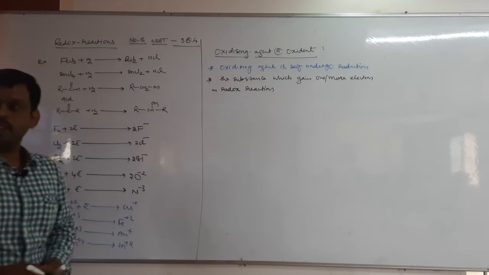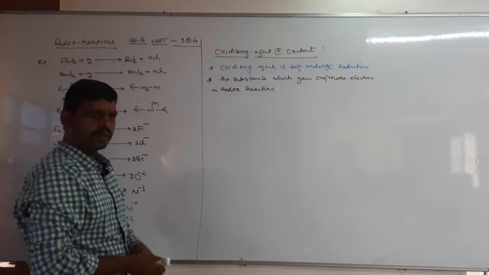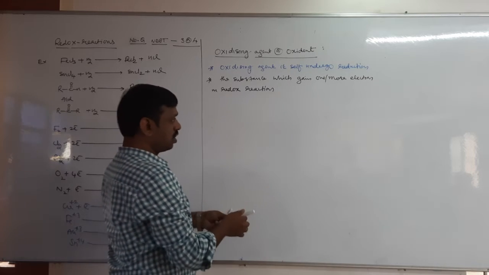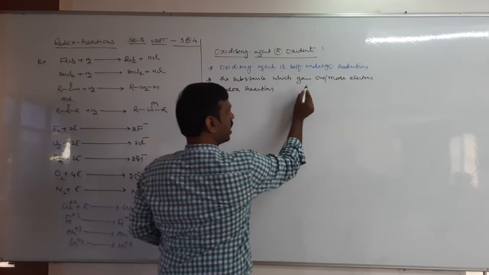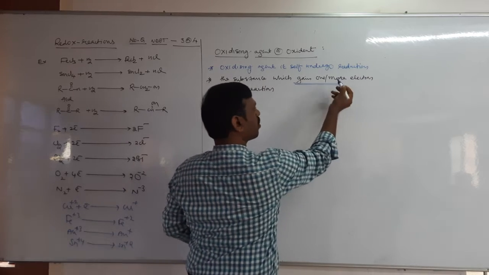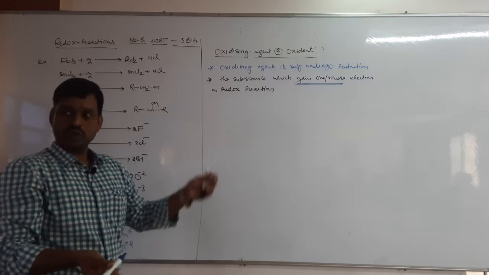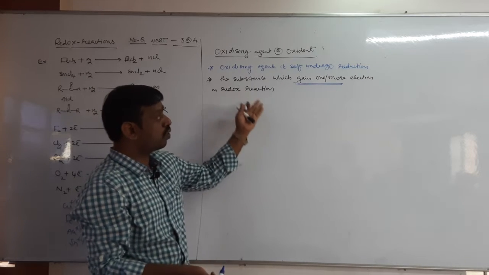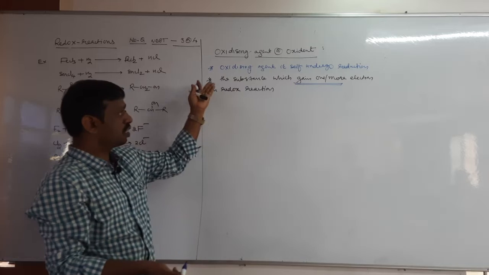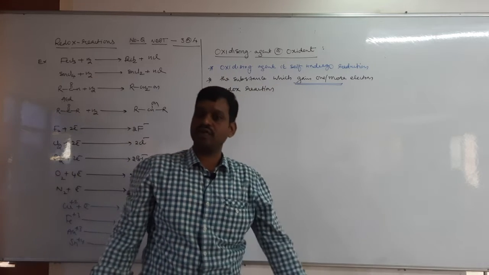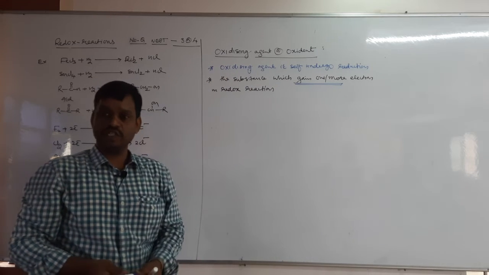Yes or no? So why? Because the substance which gains one or more electron, gaining of electron is nothing but reduction, right? So therefore, oxidizing agent itself undergoes reduction. So the substance which gains one or more electron is called oxidizing agent.